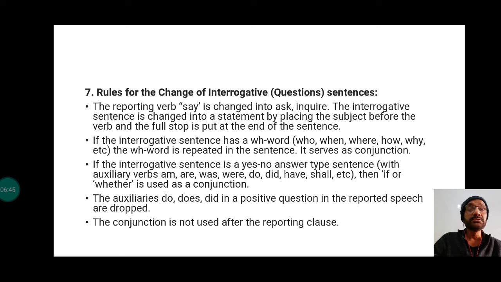The auxiliary do, does, did in positive questions is dropped in reported speech. The conjunction is not used after the reporting clause, right? So it's not "that"; that is never used when they are converted into statements. This is a common mistake that students make. They deliberately end up adding "that."